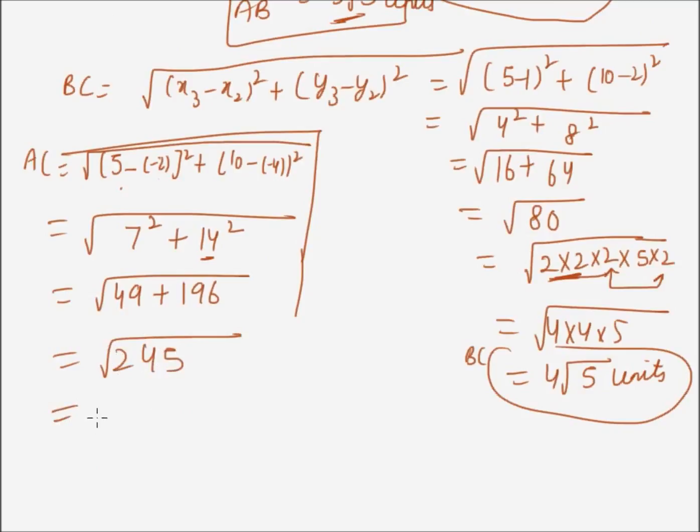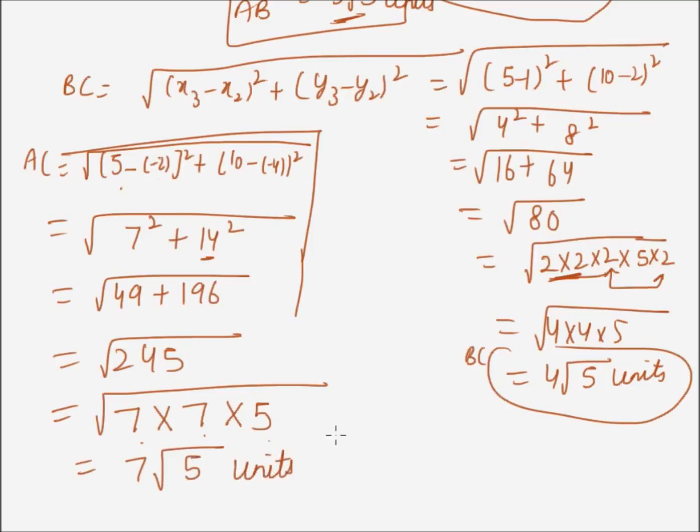On factorization, it will give us 7 into 7 into 5. Thus 7 can be brought outside the square root, so we will have 7 under root 5 units.